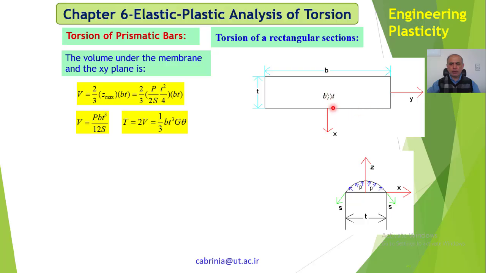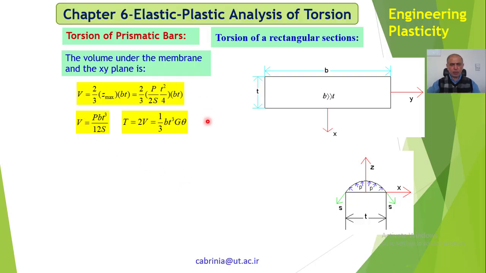That volume is 2/3 of z max times bt, and this z max is the maximum in here, and it is p over 2s, from the previous page.